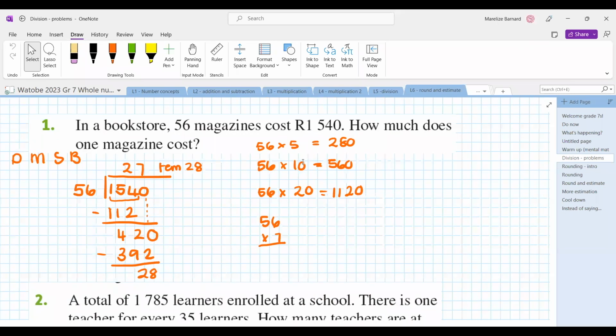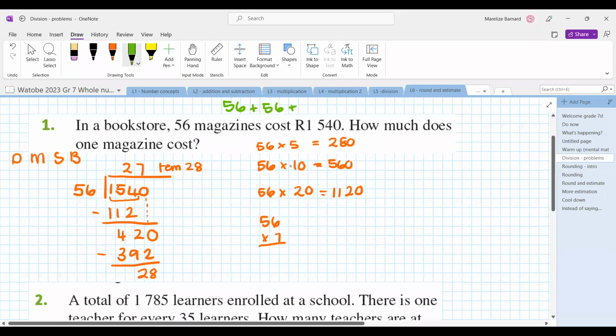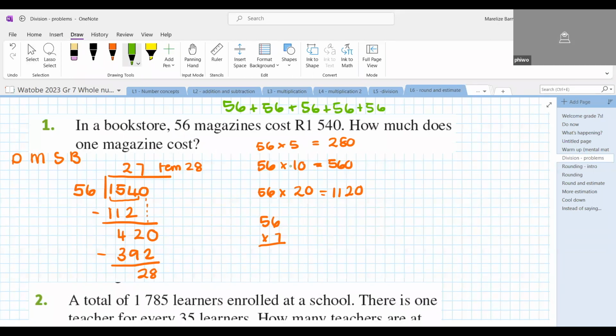Maybe try multiplying instead, because what you're doing is basically the same as multiplying: 56 plus 56 plus 56. I said 56 plus 56, which gave me 112. Then I said 112 plus 56, which gave me 168. And then I carried on like that.